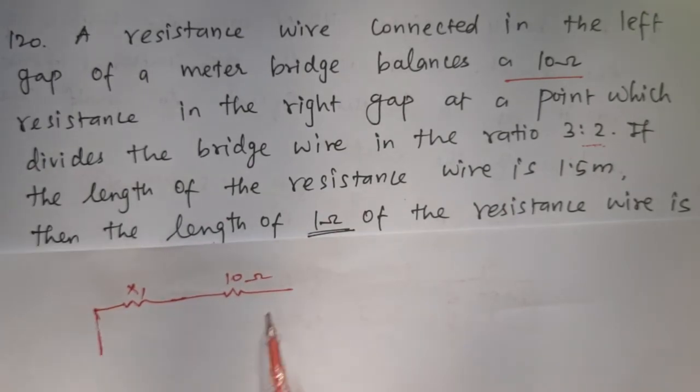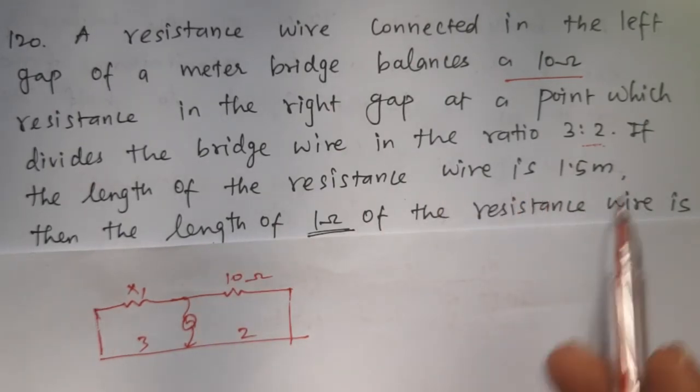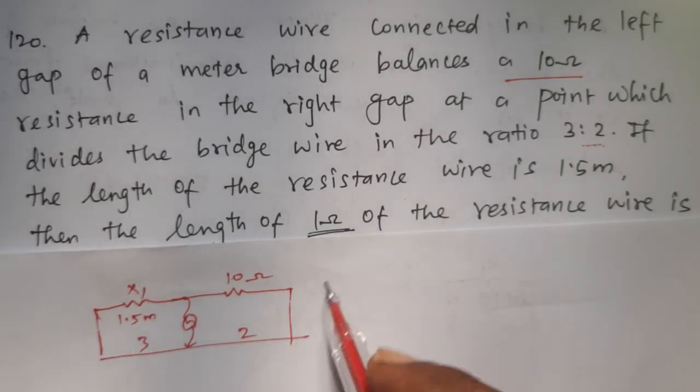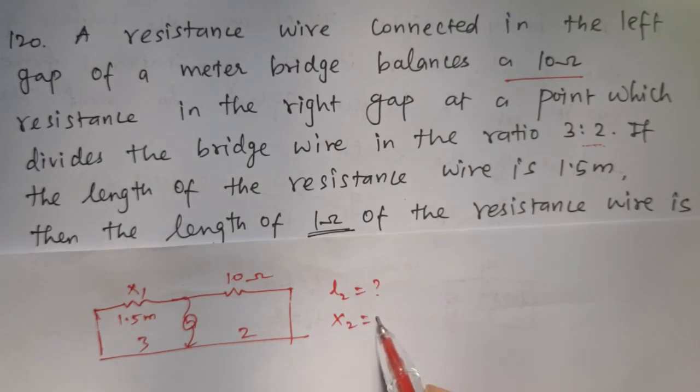For the balancing, the meter bridge wire divides in the ratio 3:2. If the length of the resistance wire is 1.5 meter, what will be the length of the resistance wire when the resistance is 1 ohm? So we are going to find the L2 value.